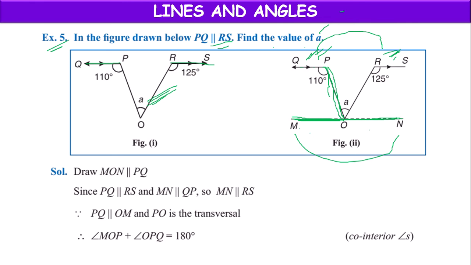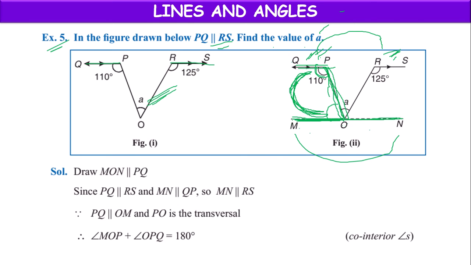If this line and this line are parallel and PO is the transversal, then this angle MOP and this angle OPQ will make a co-interior angle pair between the two parallel lines.